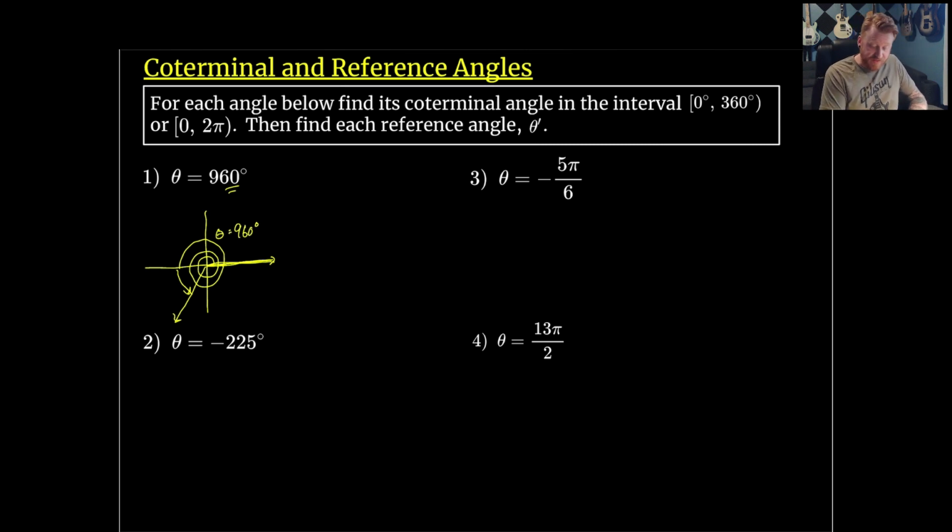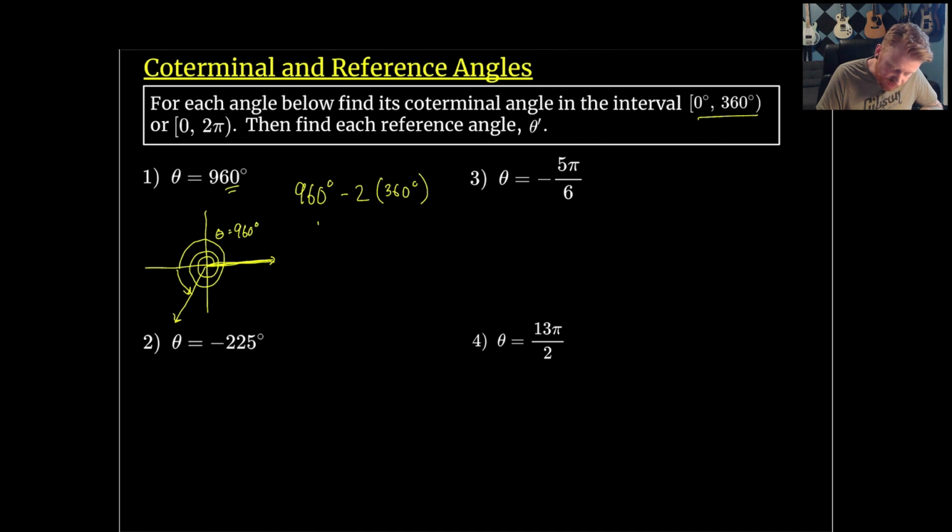What we want to do is figure out the coterminal angle, so it has the same terminal side, but it is in between 0 and 360. One way to do this, I don't want to say cheated because we did the work here, but we know that we're starting with 960 degrees, and I want to subtract off 2 full revolutions. So I'm going to subtract 2 times 360 degrees, because we made 2 full revolutions around before we hit our last side here.